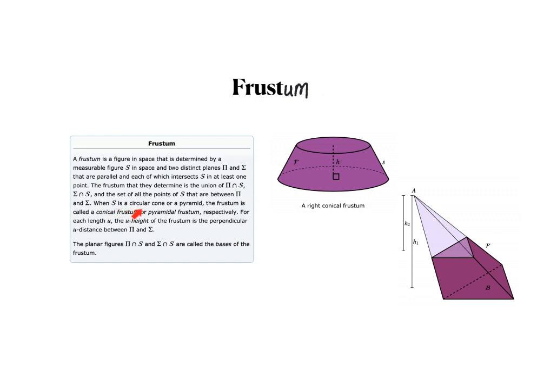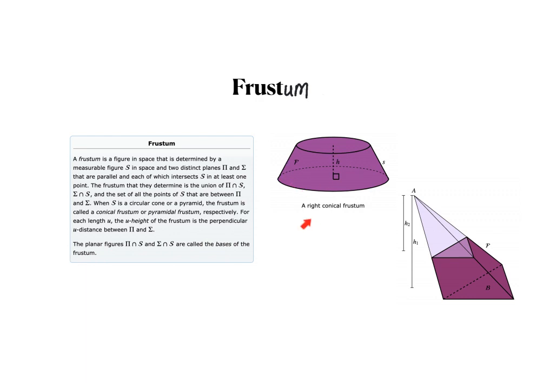When S is a circular cone or a pyramid, the frustum is called a conical frustum or a pyramidal frustum, respectively. For each length unit u, the height of the frustum is the perpendicular distance between pi and sigma. The planar figures pi intersect S and sigma intersect S are called the bases of the frustum.